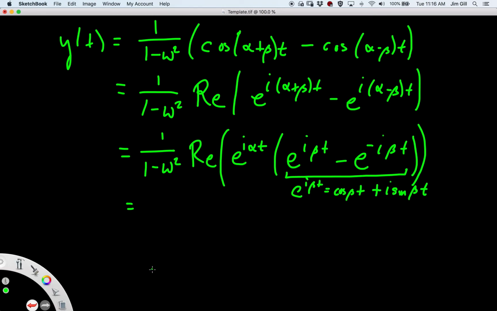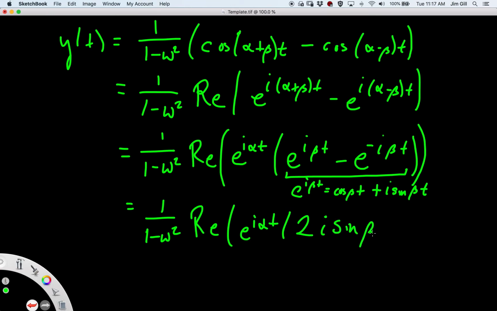And so this difference here is actually 2i sine beta t. So let's write that: 1 over 1 minus omega squared, real part, e to the i alpha t, times this difference, which is just 2 times i times sine of beta t.